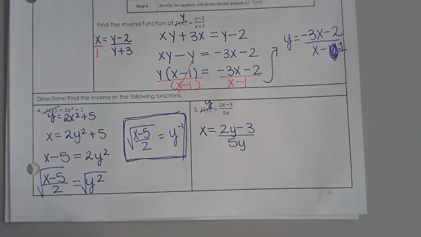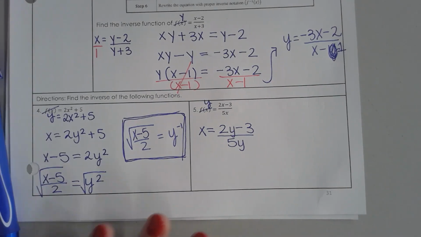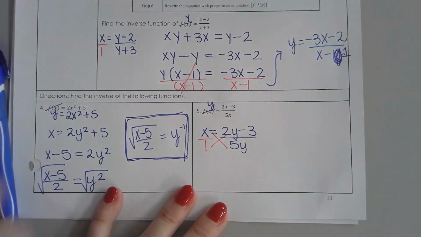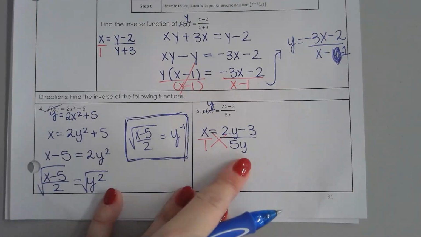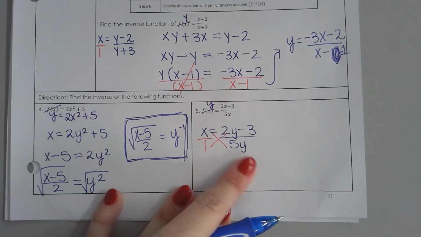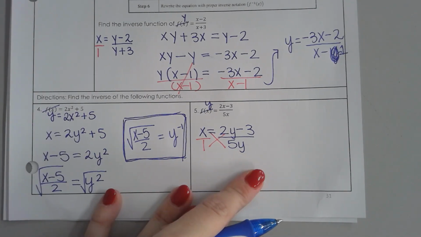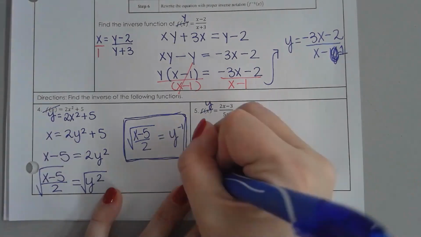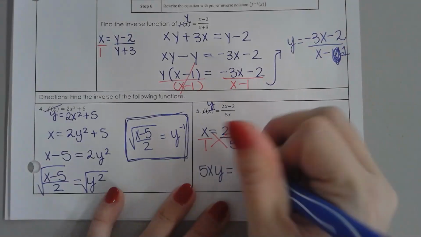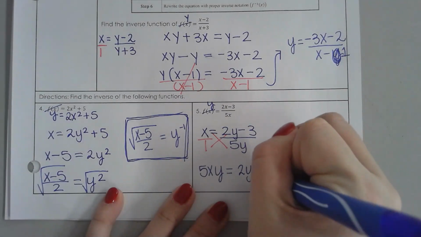What should I do first? Cross multiply. So x times 5y is what? 5xy, yep. 5xy equals, and then 2y minus 3.